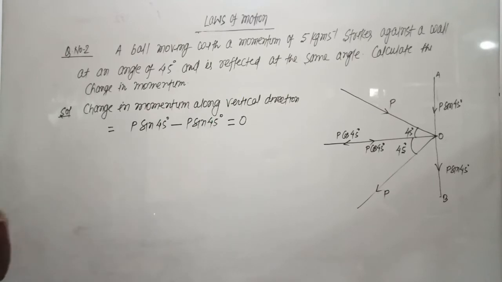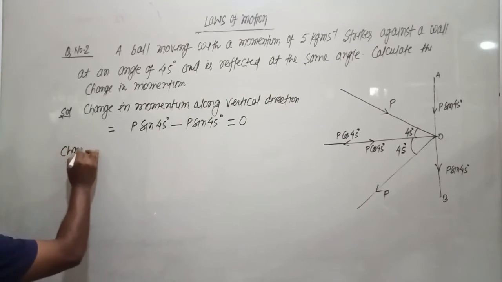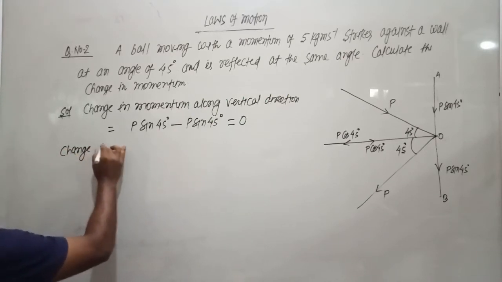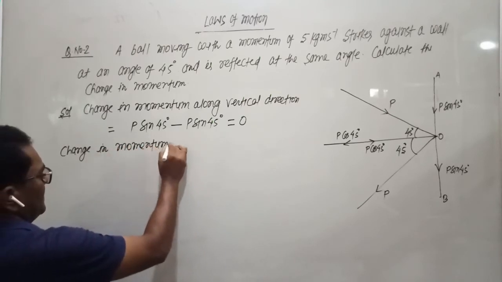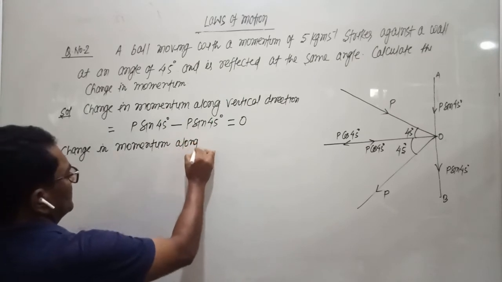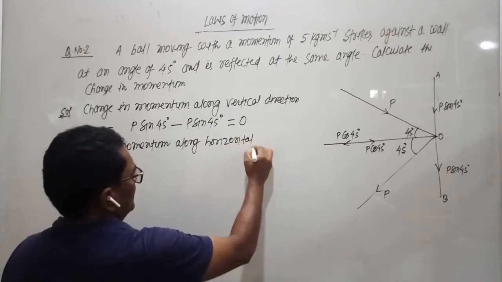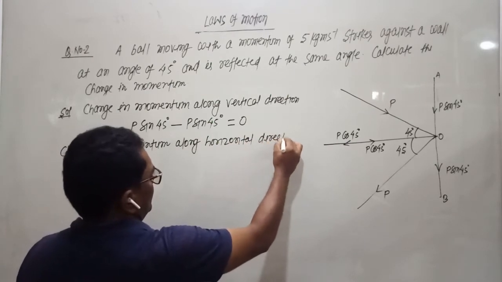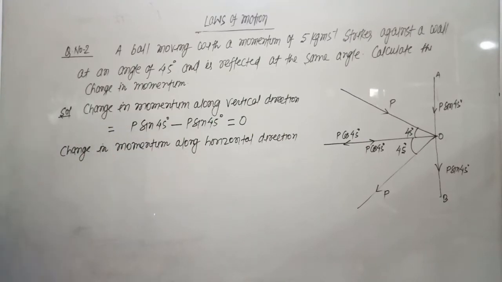Now we calculate the change in momentum along the horizontal direction, and its formula will also be P1 minus P2.